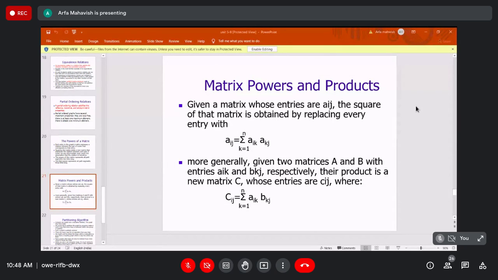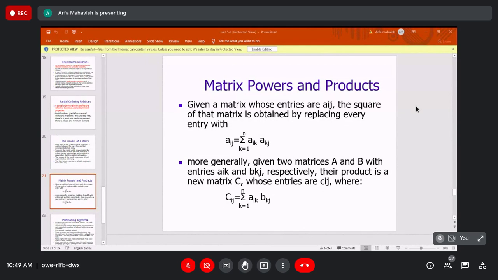For example, for the A matrix we have the input 1 2 3 4, and for the B matrix we have 1 3 1 6 4 5. So we multiply the matrices as 1 into 1 plus 2 into 1, and this way you are multiplying.